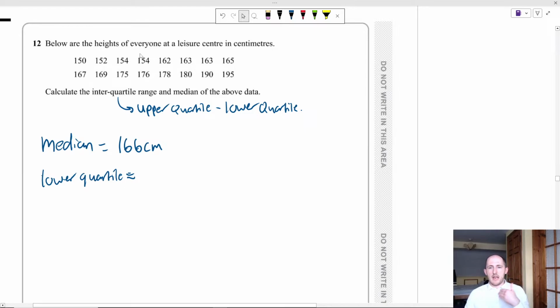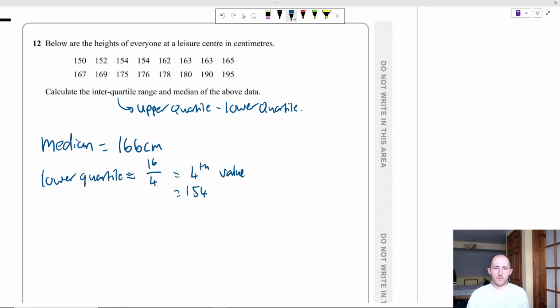So if we add up how many numbers we have: 1, 2, 3, 4, 5, 6, 7, 8, 9, 10, 11, 12, 13, 14, 15, 16. We have 16 values. And if we divide by 4, that will give us a quarter of the values. So we're looking for the fourth value. So 1, 2, 3, 4, that's 154. So lower quartile is 154.